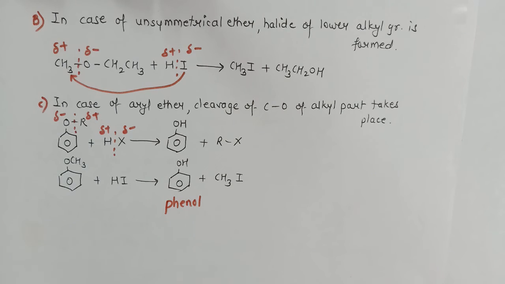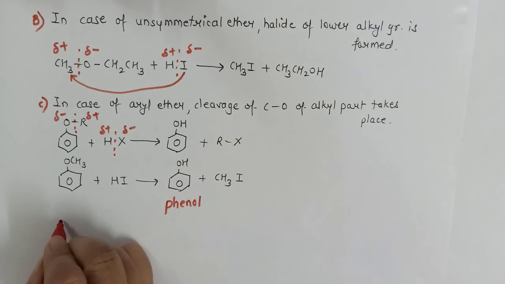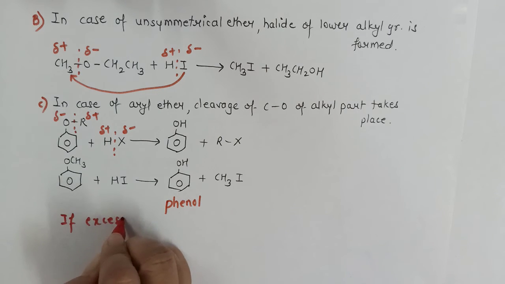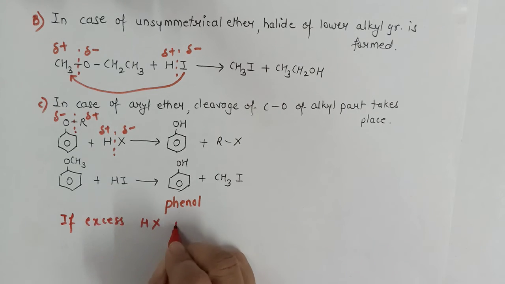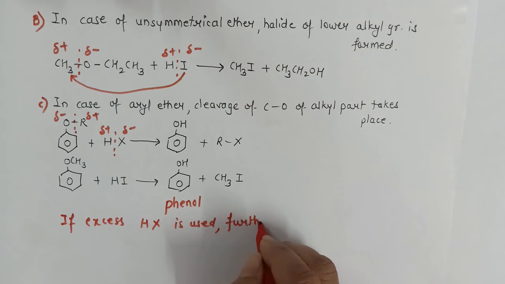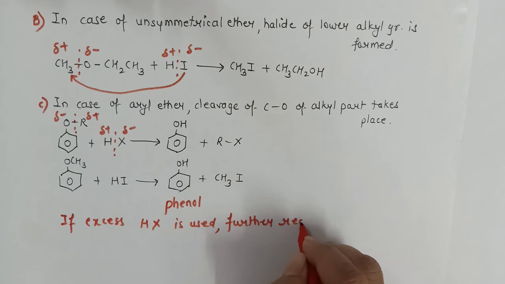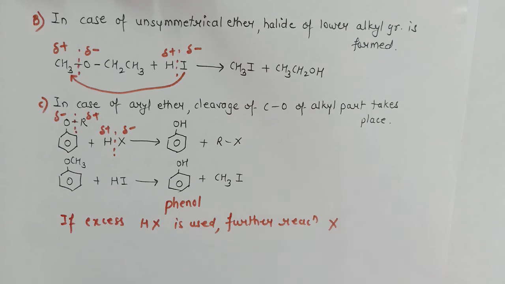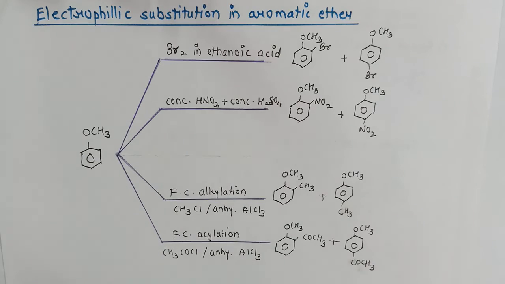And this is the reason that even if excess hydrogen halide is used, further reaction will not take place, because this group is attached again to an sp2 hybridized carbon atom.